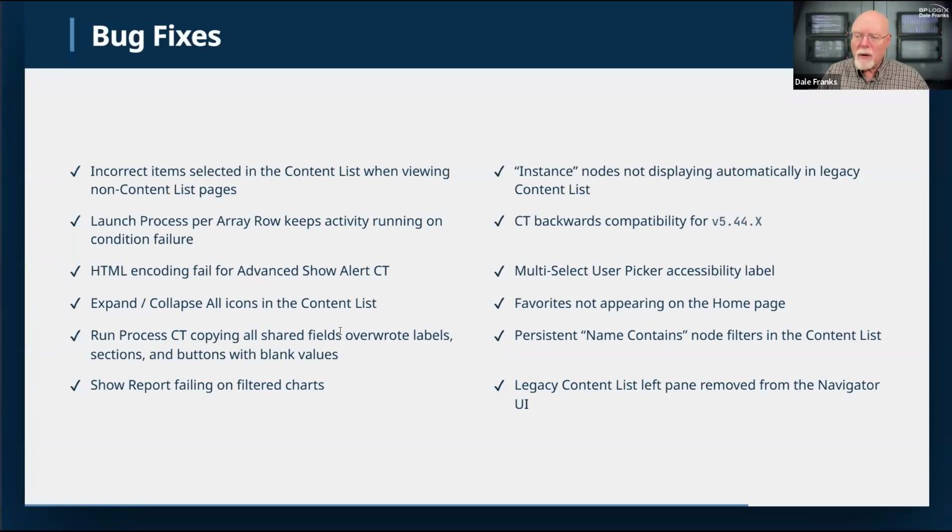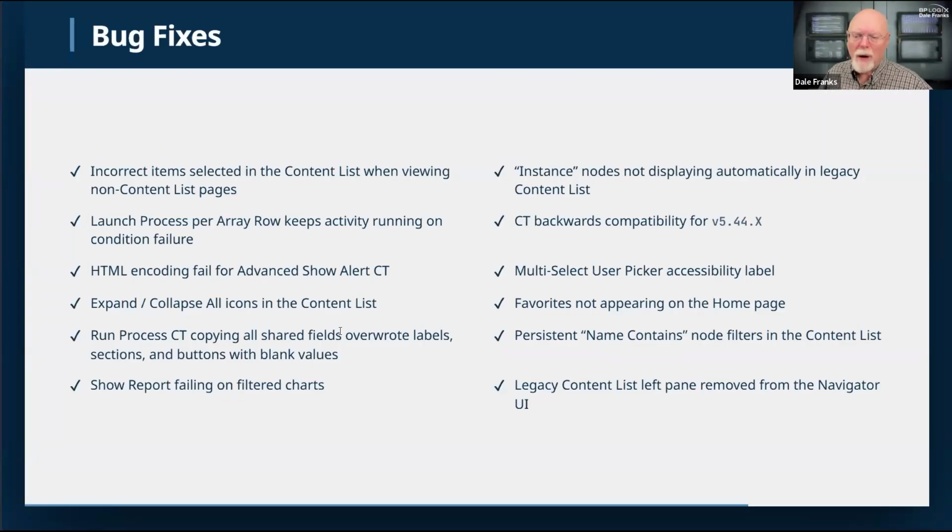There was also a problem with backwards compatibility. So if you were on 5.44.1104 or earlier, some of the updated CTs simply weren't compatible. So we had to go back in and take a look at a couple of CTs to ensure that they were backwards compatible for 5.44 and below.